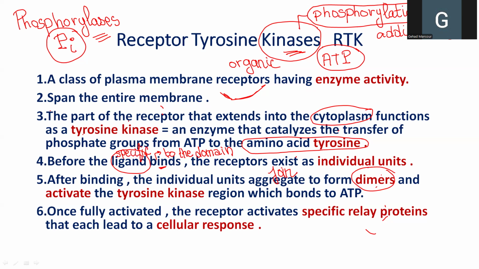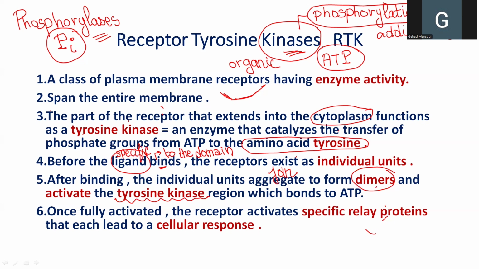When the two halves of the receptor bind to each other, this is when the enzymatic cytoplasmic part of the receptor will be activated. This is when the tyrosine kinase region will be activated. So the binding of the ligand to the receptor aggregates the two halves and activates the cytoplasmic portion of the receptor, which is the tyrosine kinase.